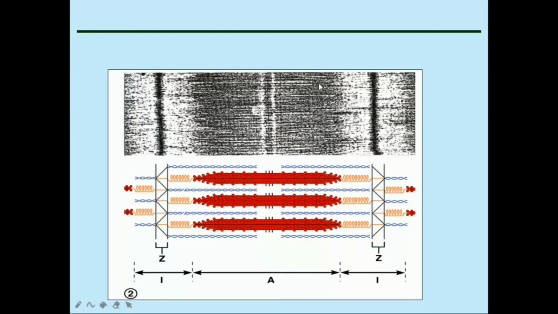So here also you can see this is the Z line or Z disc on this side, and this is the immediate next Z disc, and the distance between the two successive Z discs is called a sarcomere, and in the resting state this length is about 2 to 2.2 micrometers.